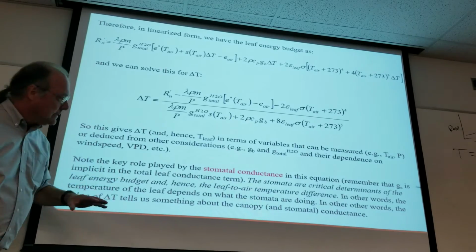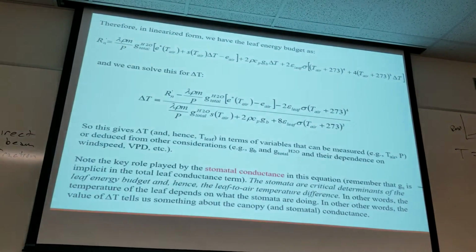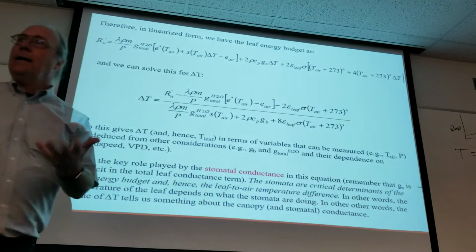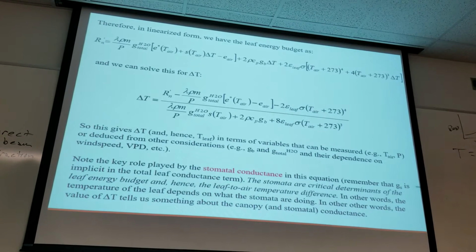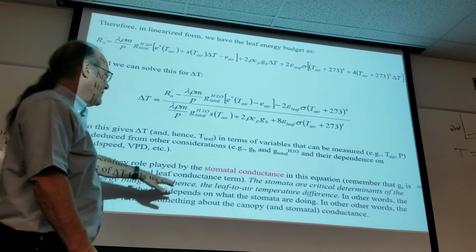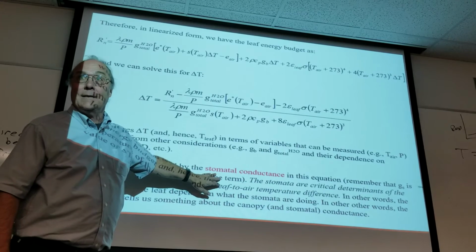All right, I don't expect you to remember how to do this or even what the Taylor series is, although it's all of numerical analysis. What I expect to stick in your head from all this is the key role that stomatal conductance plays in this whole system.